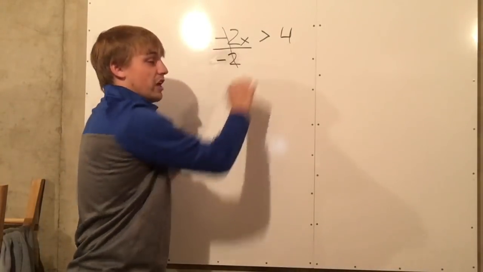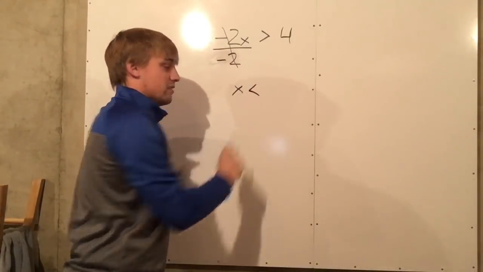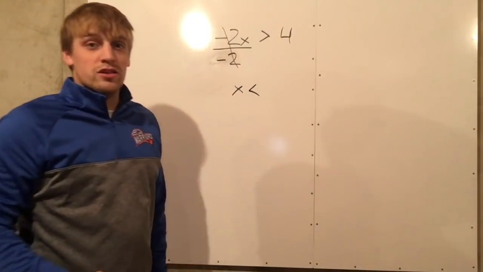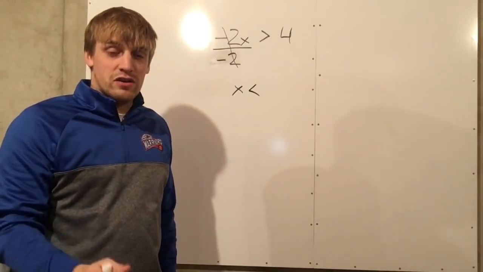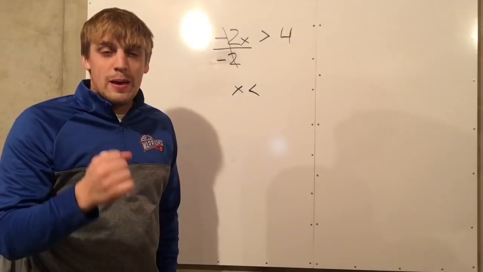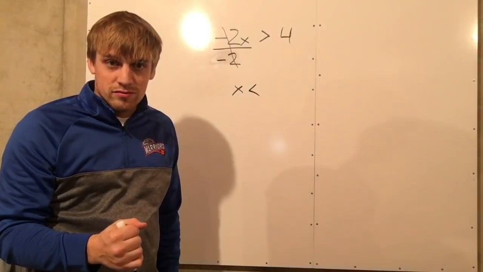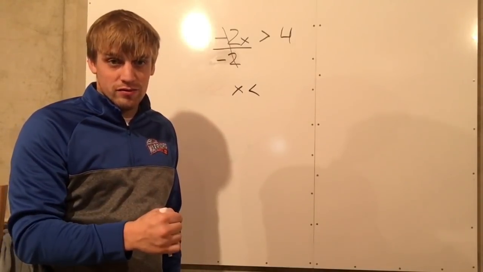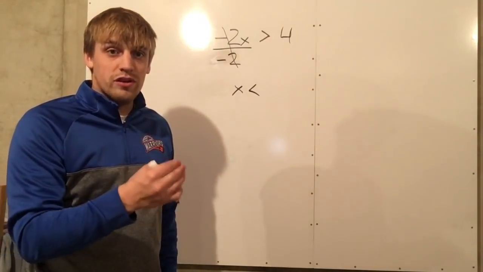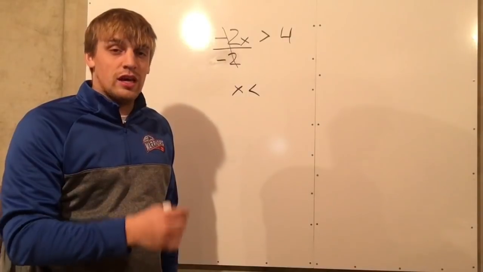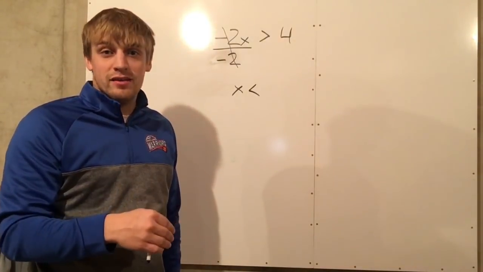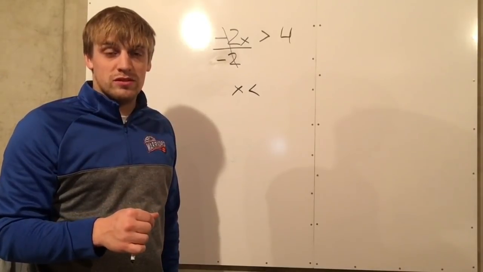So instead of being greater than, it's going to be less than. You need to write this down: anytime you multiply or divide by a negative, the inequality flips.